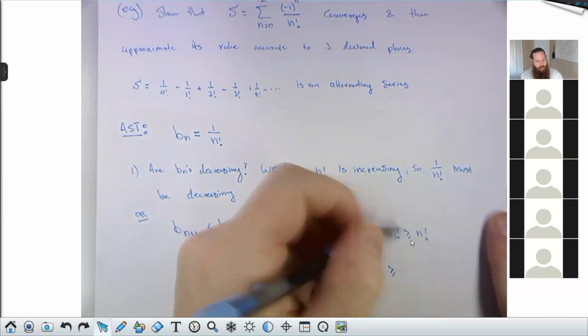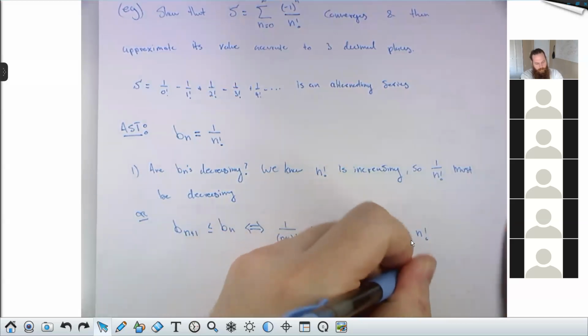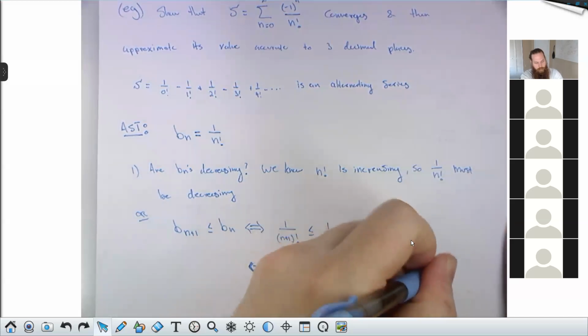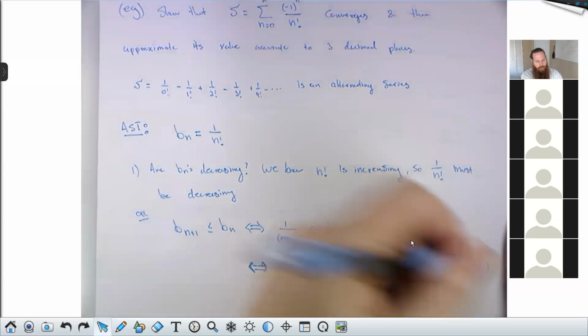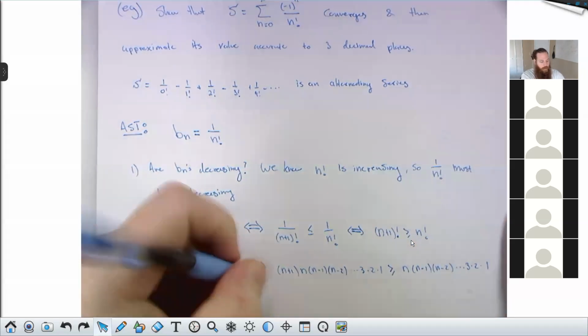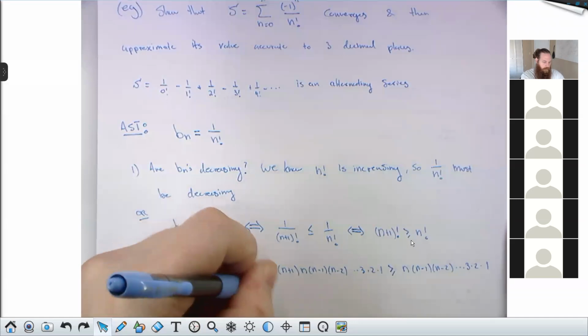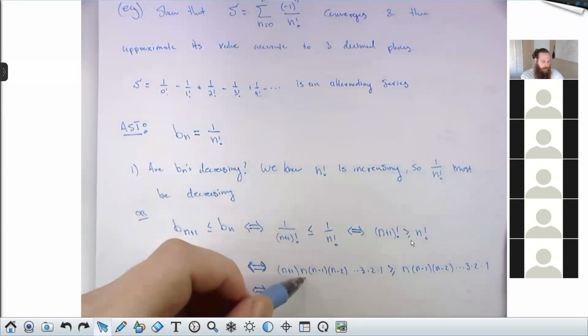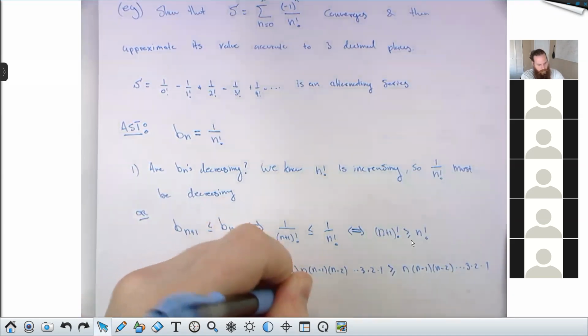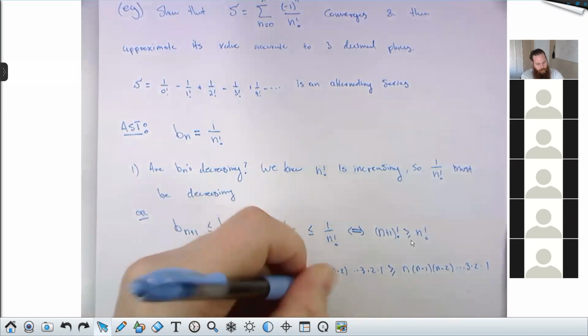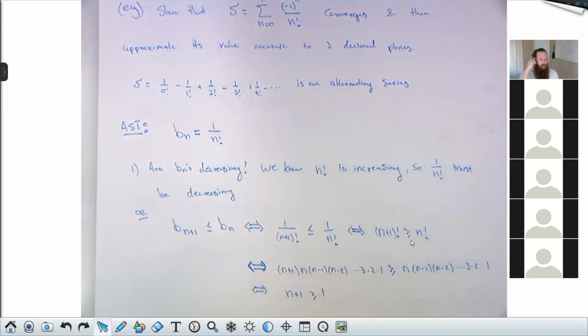And similarly, n factorial is n times n minus 1 times n minus 2, all the way down to 3 times 2 times 1. And now if you divide both sides by n and n minus 1 and n minus 2 and all the numbers down to 3 times 2 times 1, you get n plus 1 is greater than or equal to 1.